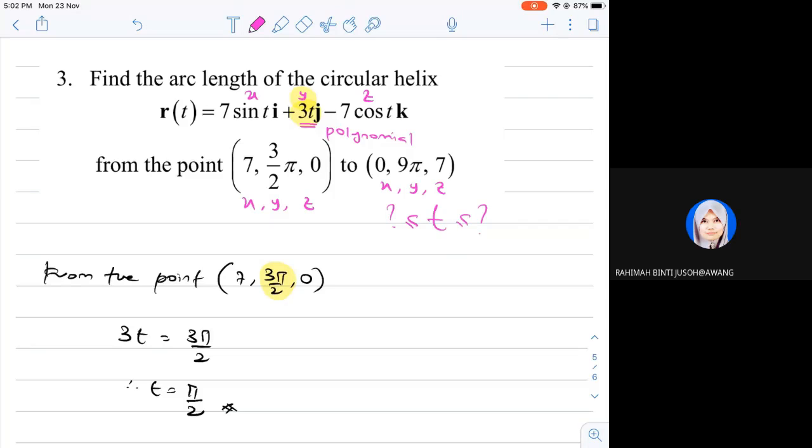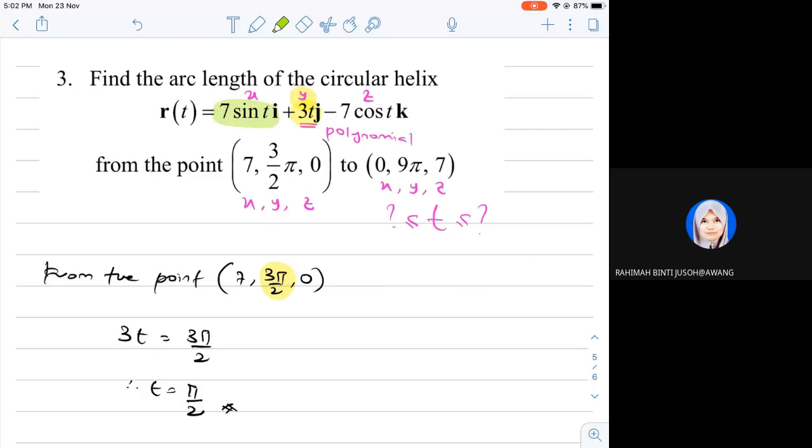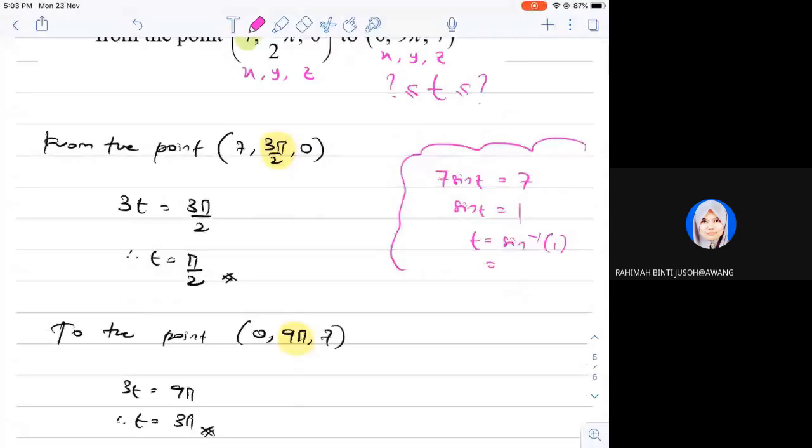Let's say we take the x component, 7 sine t. So the component x here is 7, right? Let's say I consider 7 sine t equals 7. So sine t equals 1. Therefore t equals arcsine of 1, so of course t equals pi over 2.